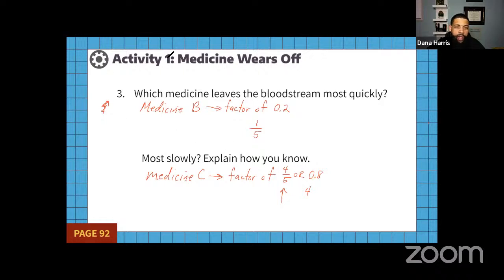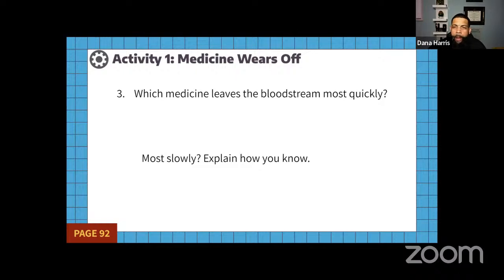But that's why that's the case, okay? And so basically what is happening is this multiplier is telling us how the medicine is changing, okay? And because we need to know how the medicine is changing, that's how we determine which one is leaving the body the fastest, okay?